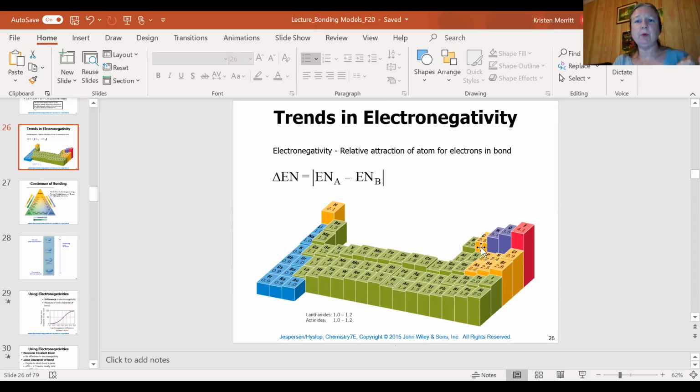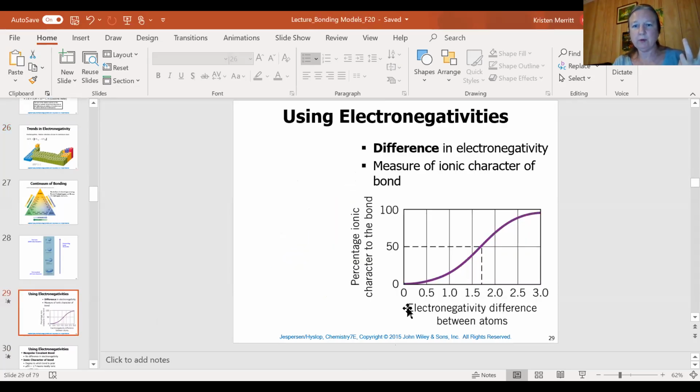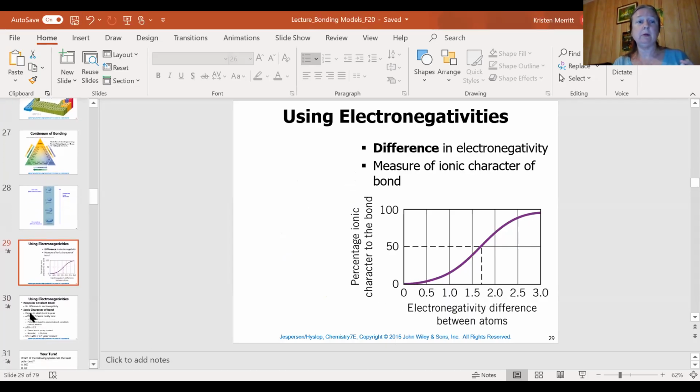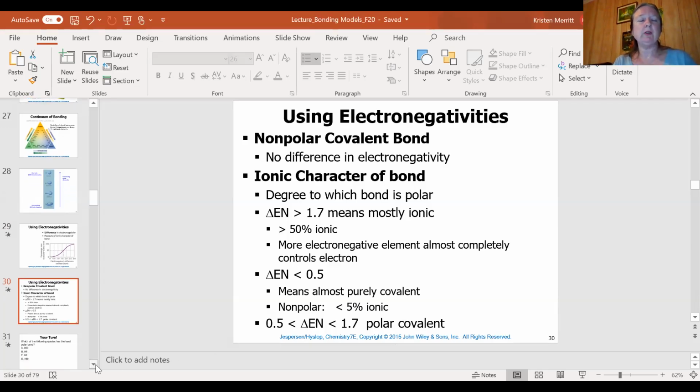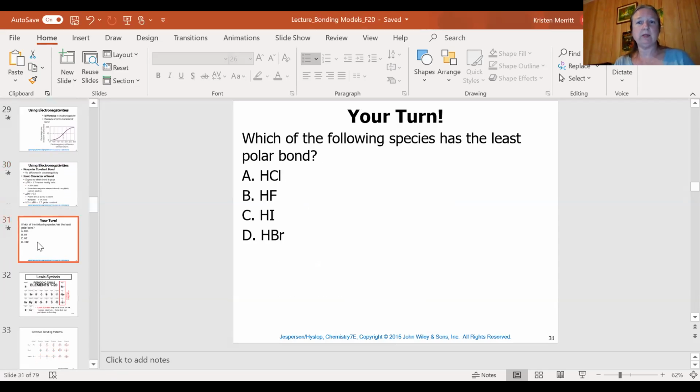That is a difference between 2.5 and 2.4. It's only a difference of 0.1. So that is actually way down here. We would call that almost a purely covalent. So a difference in electronegativity that is less than 0.5 is almost purely covalent. And between 0.5 and 1.7, we call that polar covalent. And as you see, there's different levels. So you want to be able to say if something is more ionic character or less ionic character.